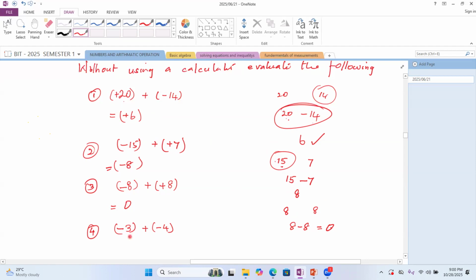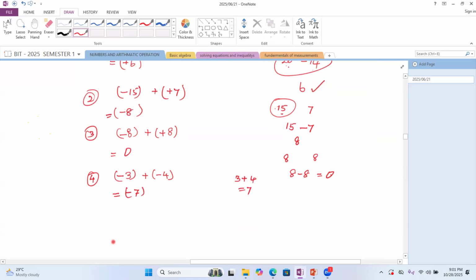Here, same sign, negative sign, so we add the numbers without sign, 3 and 4. We add without sign, 3 plus 4 is 7. Then we put the same sign, negative.